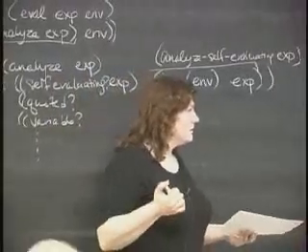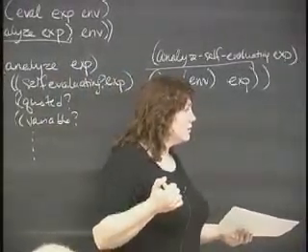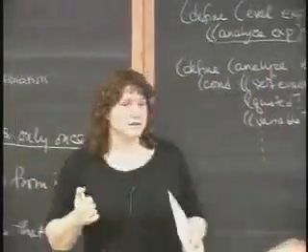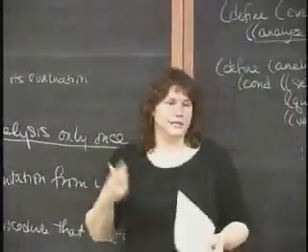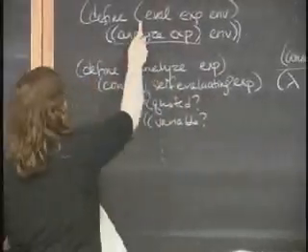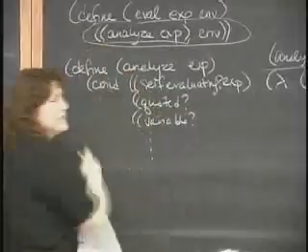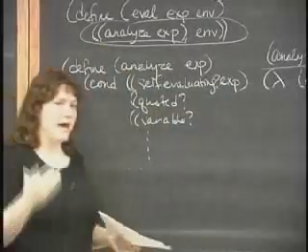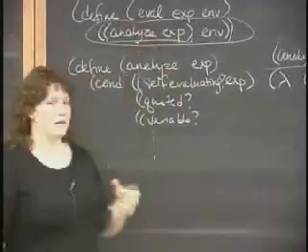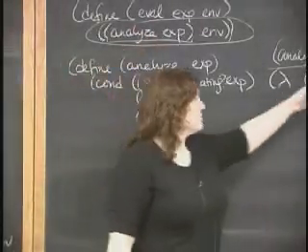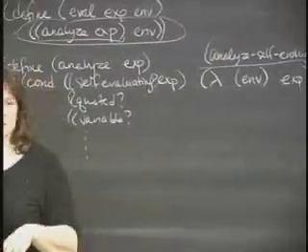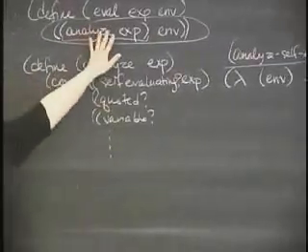We don't want it to have an effect, but it doesn't. But we need to have a consistent interface. Because up here, we're going to take the analyzed expression and pass an environment to it. So if we had just tried to evaluate 1, and this didn't return a lambda that took the environment, it would break. So we need to have that consistent interface so that this will work up here.